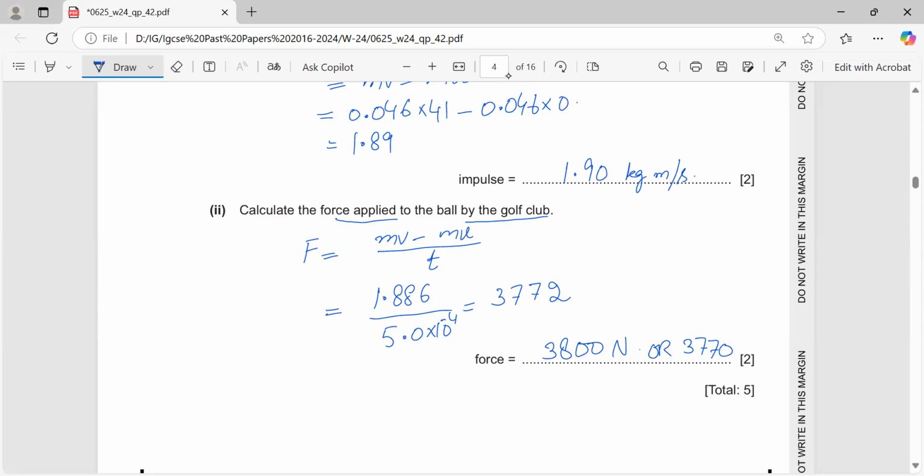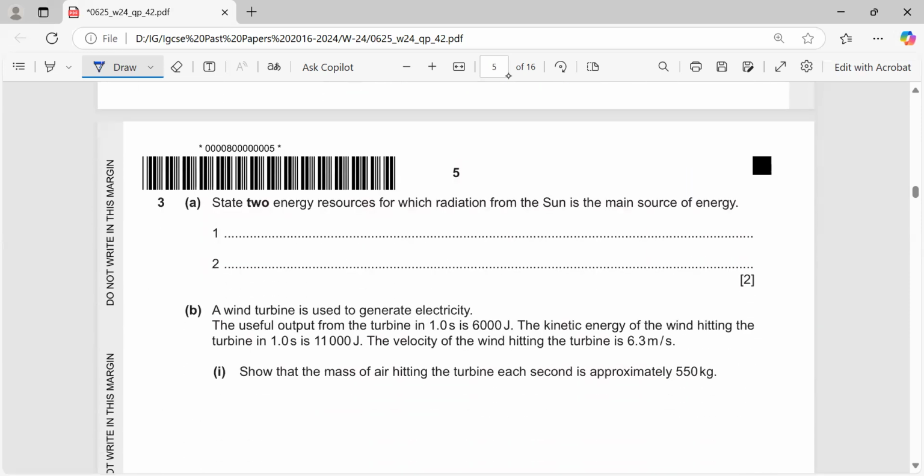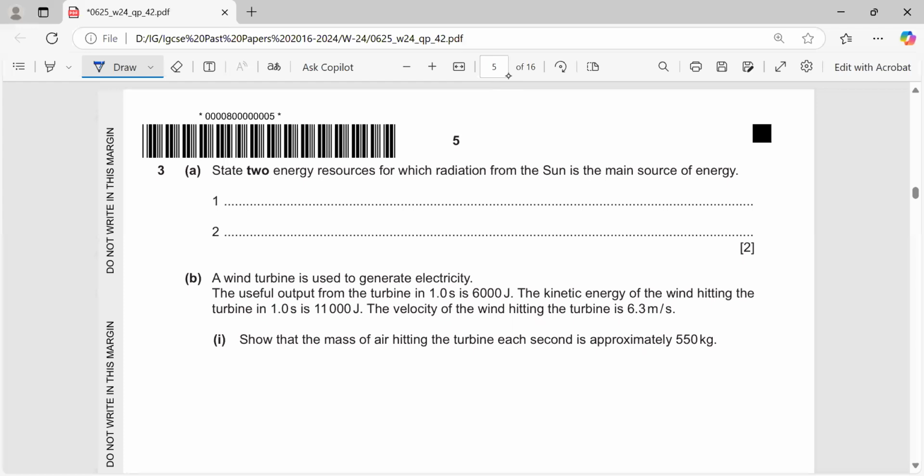Okay, now one more question is on general physics. State 2 energy resources for which radiation from the sun is the main source of energy. 2 energy resources, many are there, even fossil fuels.